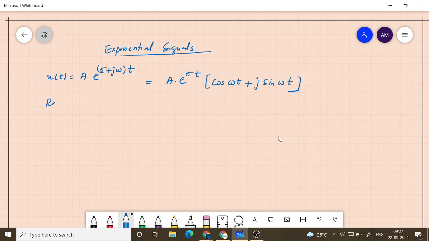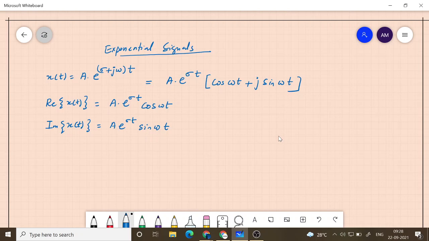The real part of this signal x of t is basically a e raised to sigma t cos omega t, and the imaginary part of this signal x of t is basically a e raised to sigma t sin omega t. So this is the real part and the imaginary part.